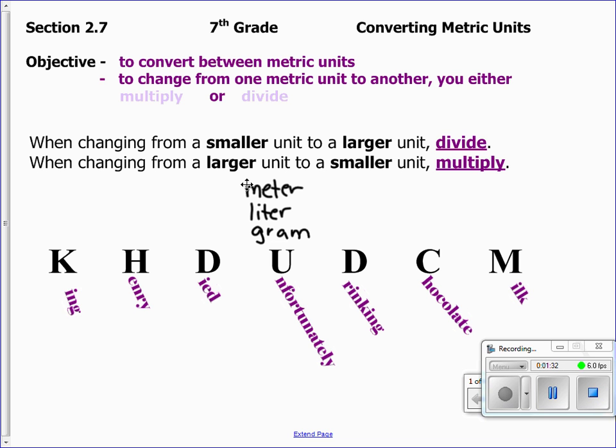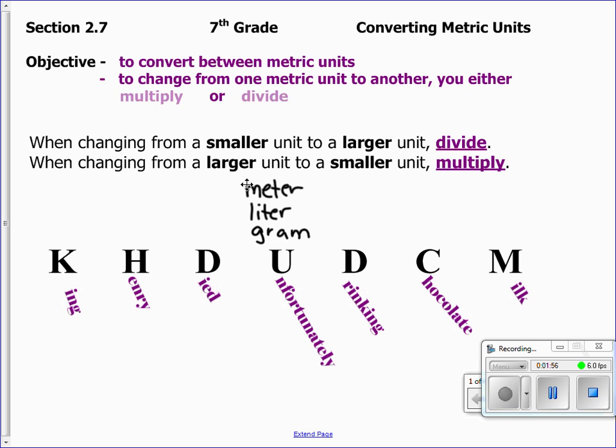So you'll notice K. Who knows what the prefix K is, dealing with metric units? Kilo, good. And at the very end, the smallest is M. What is its prefix, class? Milli, like millimeter, milligram. And everything in between is based on a power of 10. So if U is our units, that's 1.